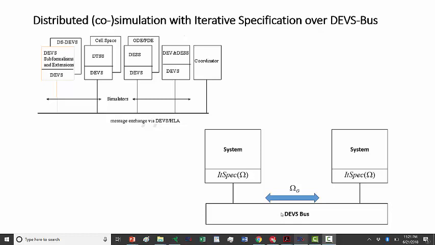So we have an extended version of DEVS in a distributed form, able to support multi-formalism modeling and co-simulation using the iterative specification.